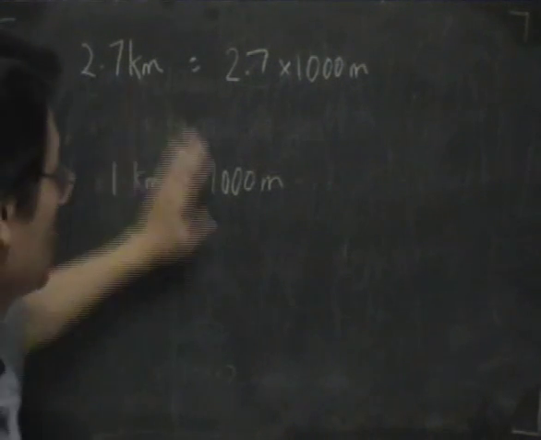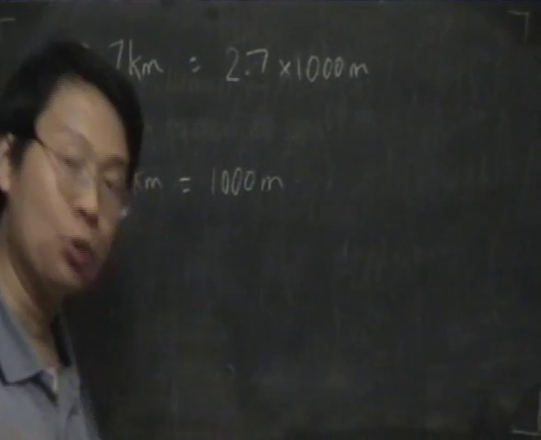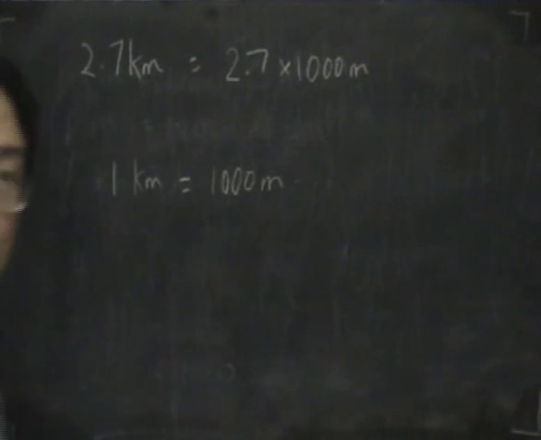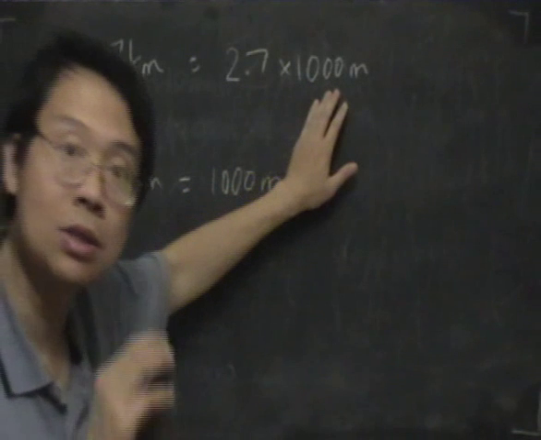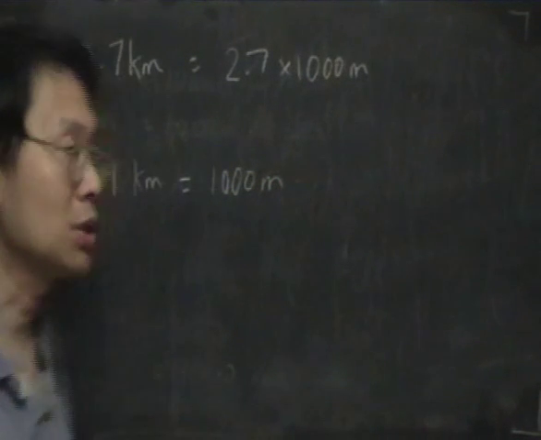Alright, because 1 kilometer is 1000 meters, so if you have 2.7 of a kilometer, it means the same thing as 2.7 times 1000 meters.